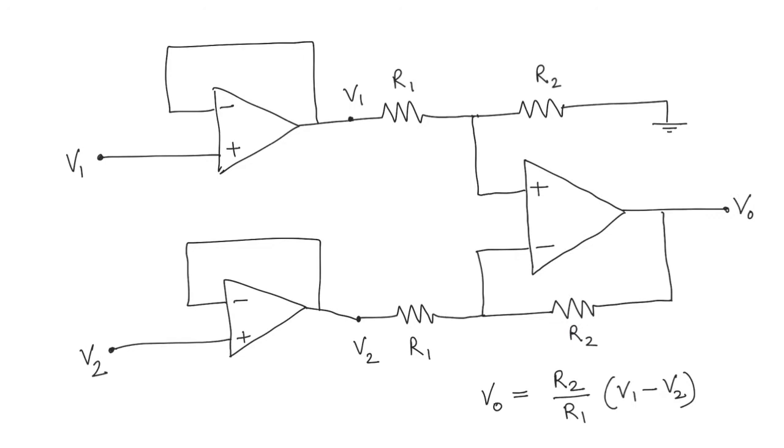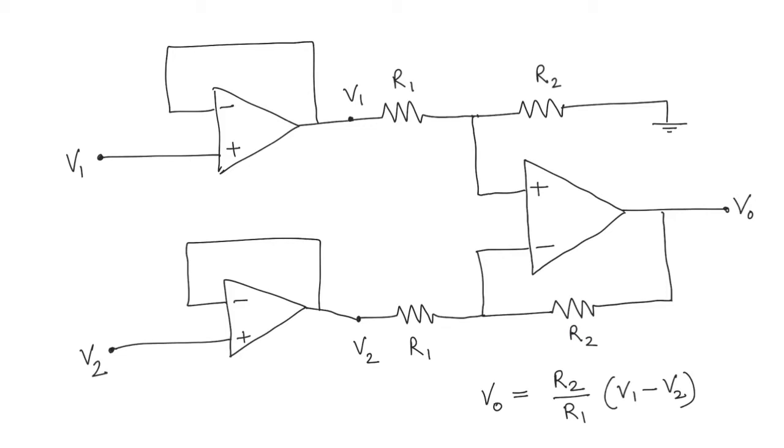So V1 and V2 now see an infinite impedance. No current flows from V1 and V2, and therefore they are not loaded. And if the op amp is able to supply enough current to the differential amplifier, the circuit works without distorting V1 and V2.